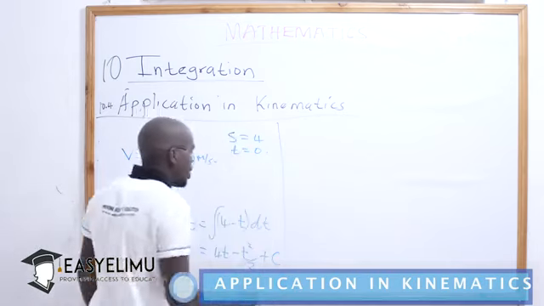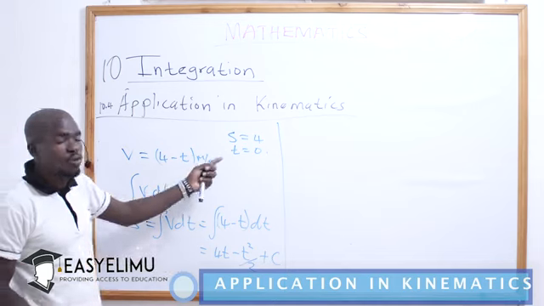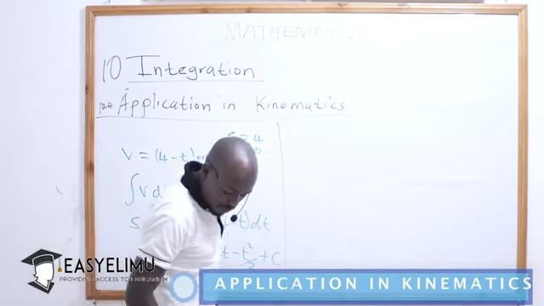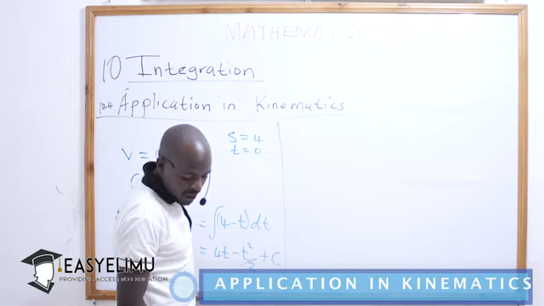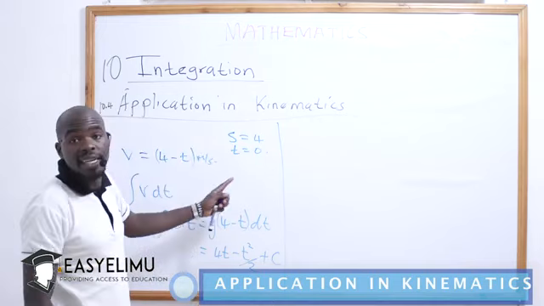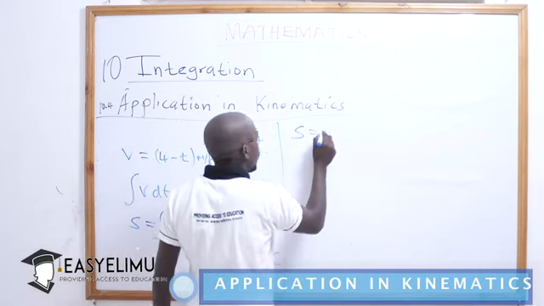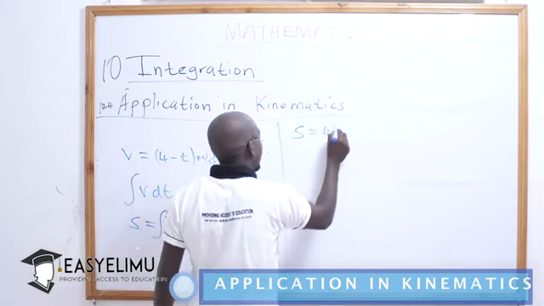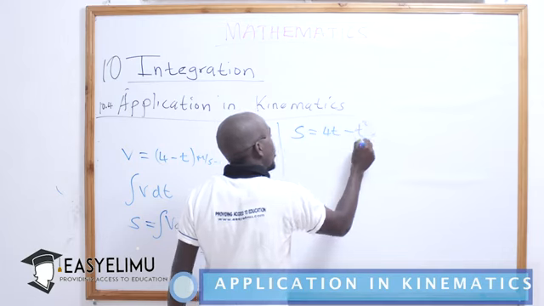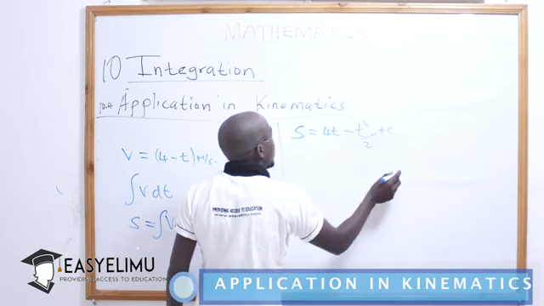But remember, we have been told to find the expression of the displacement given that s equals 4 and t equals 0. So the displacement equation we have found is 4t minus t squared over 2 plus c.